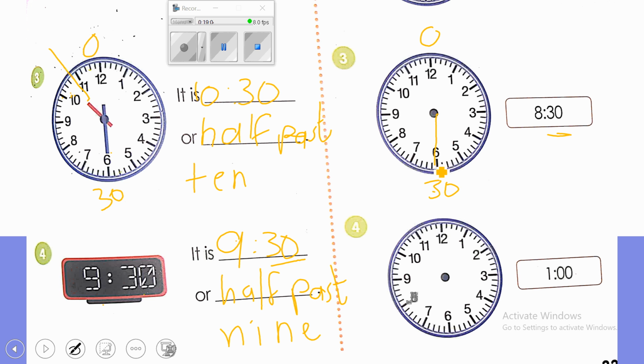The minute hand should be on 6. 8, still, not 9, between 8 and 9. Here is, I'm writing, here is 0 and here is 30. I have 1 and 0 minutes, it's 1 o'clock. Where is it? 0 up, so it's on 12. 1 o'clock, the hour should be the same on the exact number.